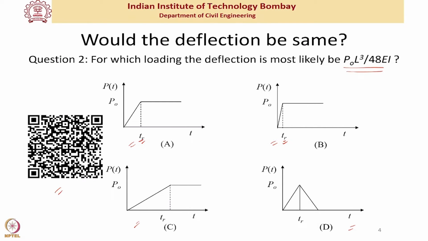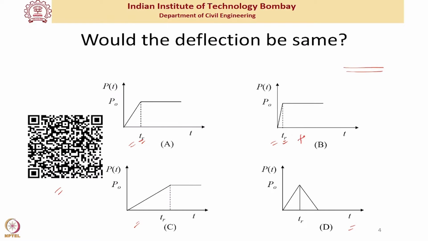The second option is the fastest rise, or I can say the smallest rise time. Okay, and third is the largest rise time. So what I mean by this is that this load is being applied fastest, this slowest, and this is somewhere intermediate between these two.